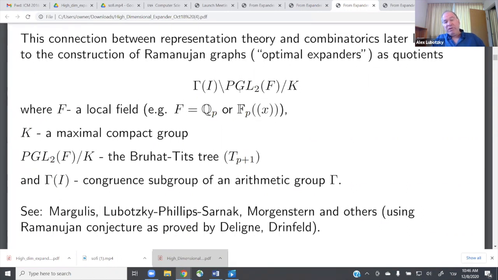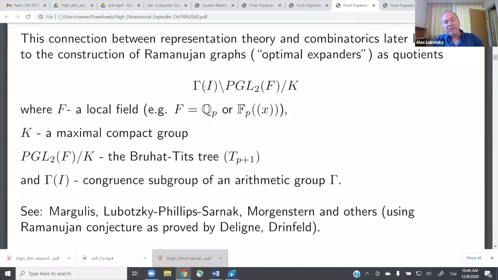And then we divide PGL2(F) first by K from the right, we get the p plus 1 tree. We divide it from the other side by a congruence subgroup. These are exactly the kind of groups that Avi talked about before. You take a congruence subgroup in such an arithmetic group, and you divide by it, then this is a tree divided by a group, so it's a graph.